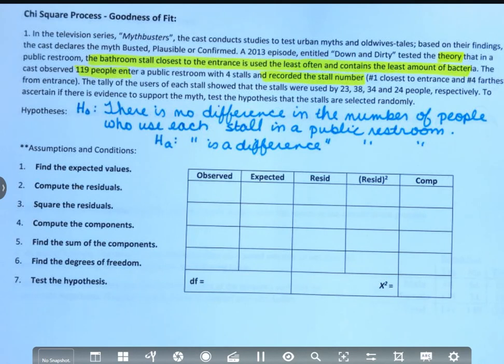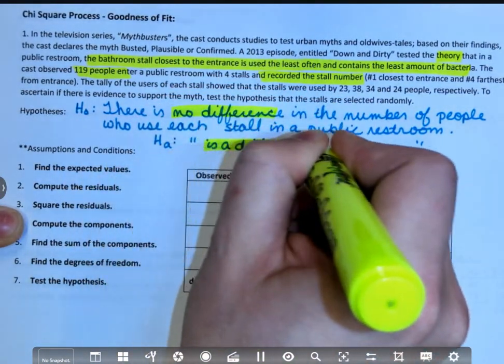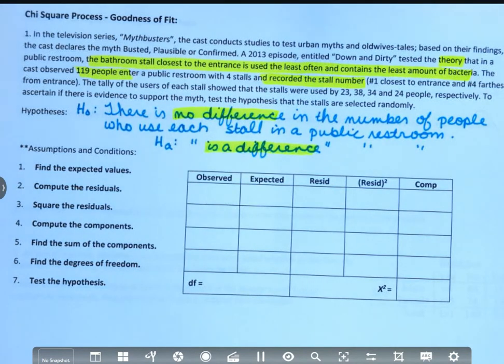That is perfectly appropriate, because basically I'm changing "no difference" to "is a difference." Everything else stays the same. Okay?